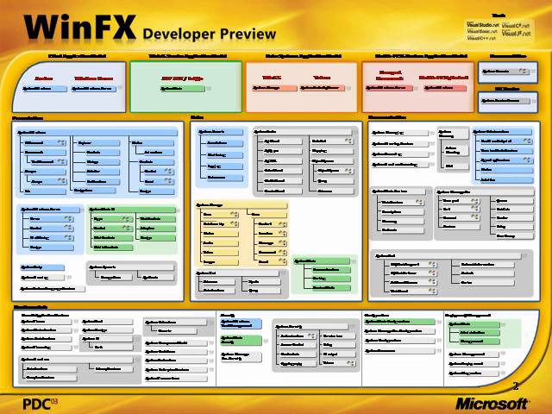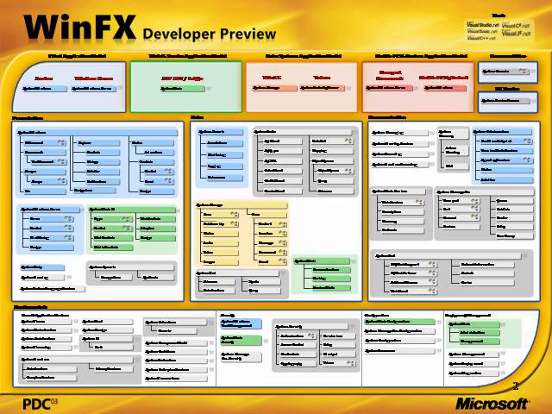By now, all of you must be well familiar with the WinFX namespace diagram that was flashed originally by Jim Olchin in one of the keynotes. I'm not going to talk to you about most of the stuff that's over here. There are other talks that cover the namespaces and the programming model associated with them.